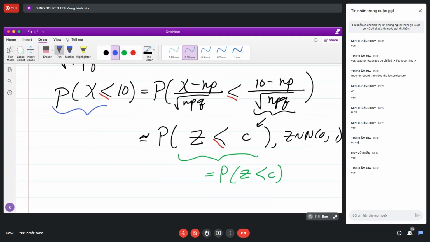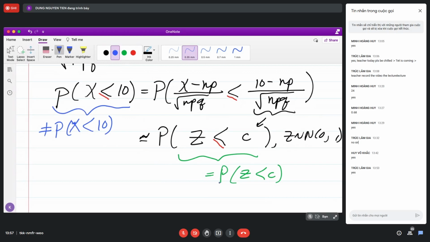But the first one is not the same as the probability that X is less than 10. So this approximation doesn't take care of the equal sign. So how can we deal with that?